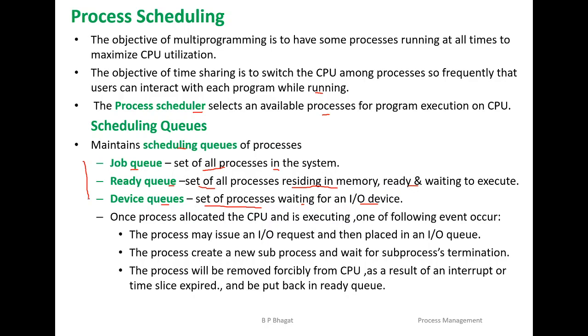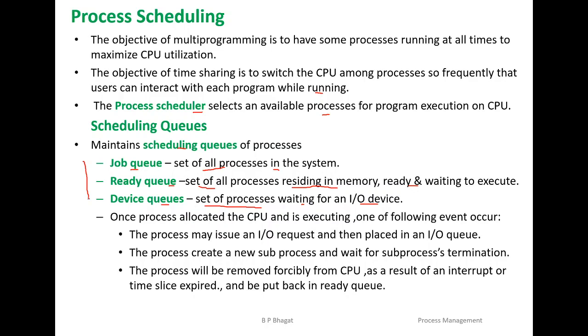Once the process gets allocated to the CPU and is executing, one of the following events occurs. The process may issue an IO request and then be placed into the IO queue. The process may create a new sub-process and wait for termination of the sub-process.